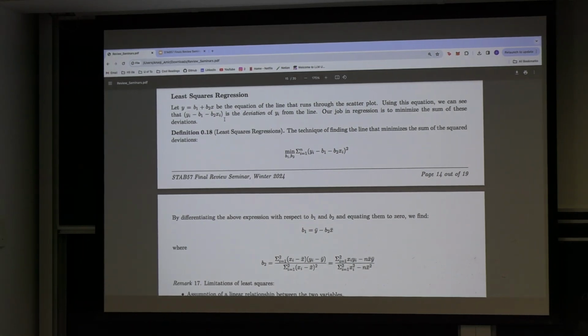So if you have a graph with all your points and your line of best fit, the deviation is basically measuring the distance between the actual points and the line of best fit, or the prediction, if you want to call it that. So how do we actually find the line?